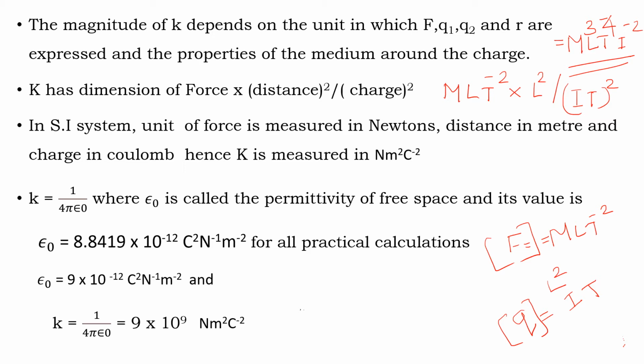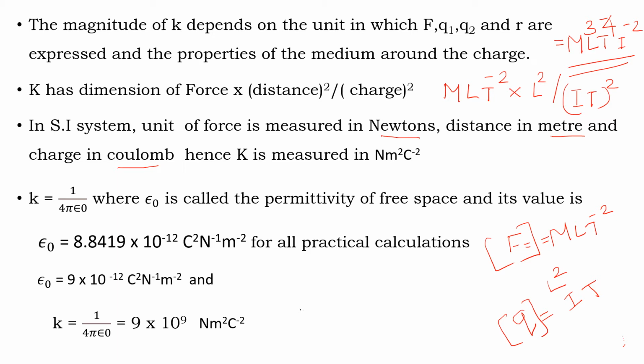And for the unit of K, force is expressed in Newton, distance in meter, and charge in Coulomb. Hence, the unit of K is Newton meter square Coulomb raised to minus 2. The magnitude of K depends on the medium in which the charges are placed.